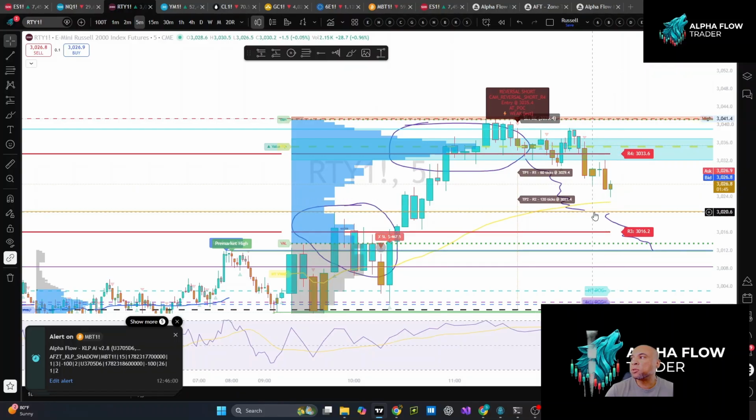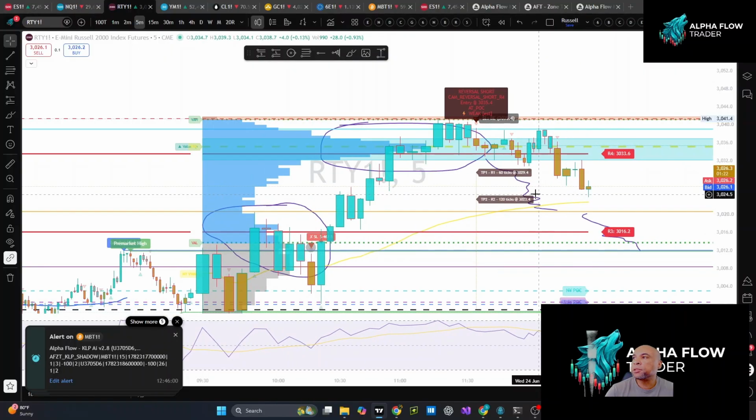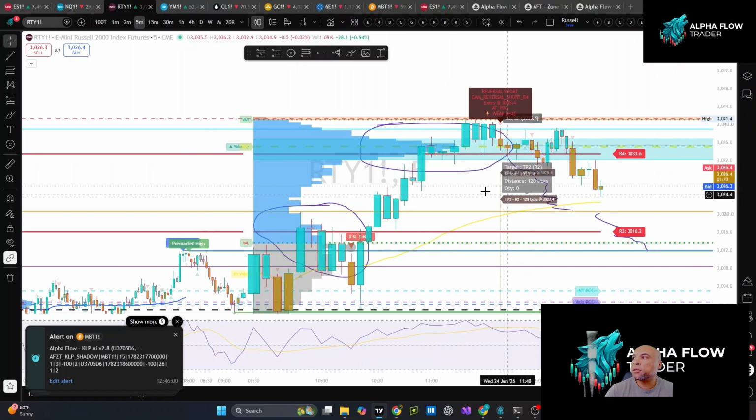So my original TP2 target was prior day's high, but as the trade went on, I moved my second target to the app's TP2. And when we got within ticks of TP2 on this same candle right here, I decided to flatten out of that trade so I could get on with the rest of my day. And yeah, so it turned out to be a profitable day after all.